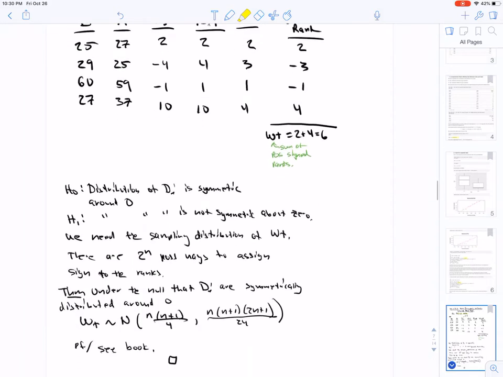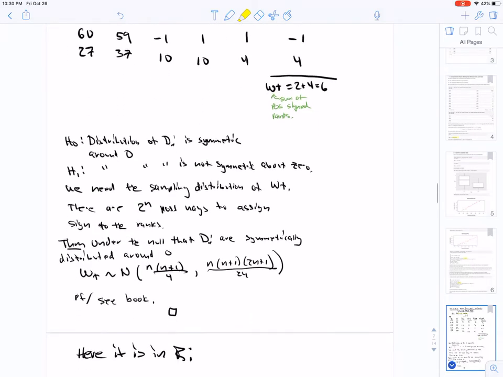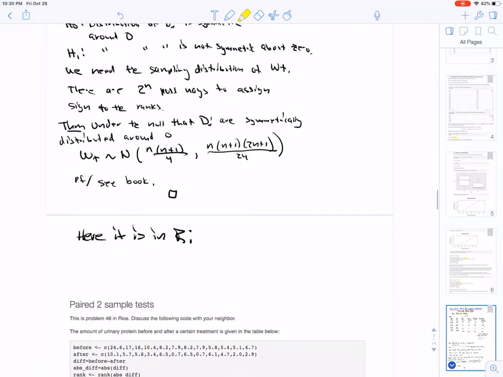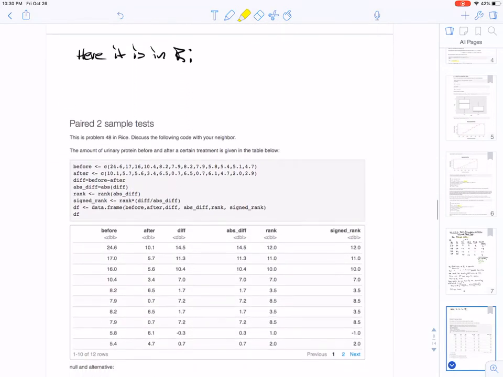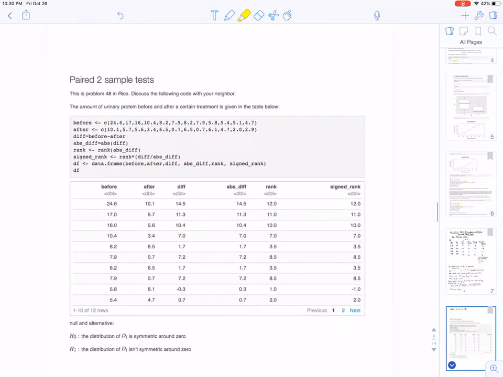So in general, 2 to the n possible ways to assign signs to the ranks. So we have this theorem that the distribution of W plus is normal with mean n(n+1)/4, and variance shown here. So we'll be using this, but I'll let you read the proof in the book. I just want to show you actually how this is used in R.